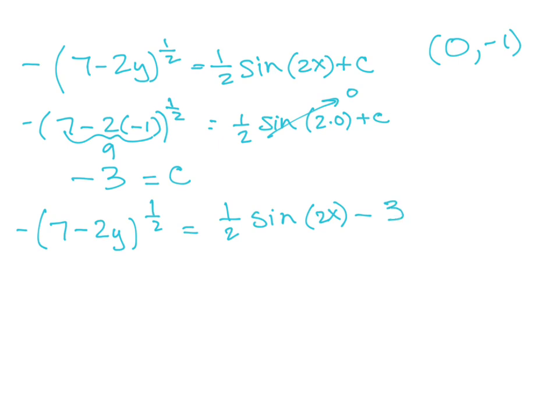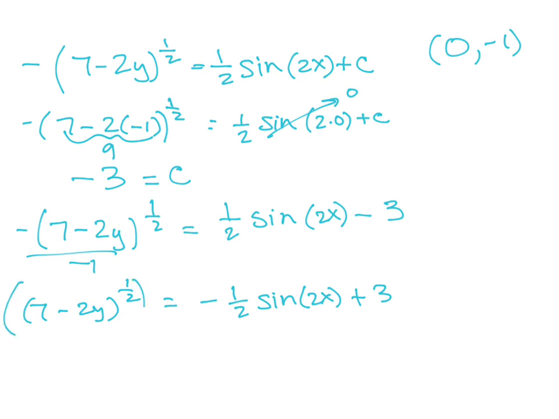Solve for y. So I would divide by negative 1, which just means I'm going to flip every sign. So 7 minus 2y to the 1/2 power is negative 1/2 sine of 2x plus 3. And then square both sides.